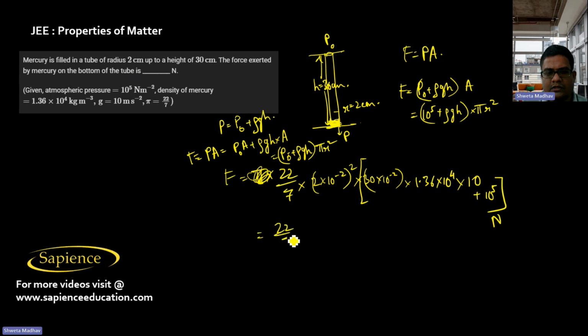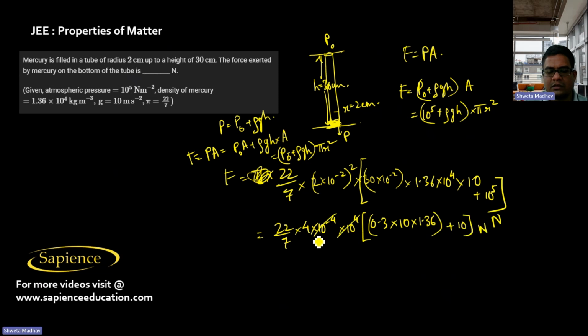This will be 22 by 7 into 4 into 10 power minus 4. Here also 10 power 4 I can take as common outside. So then this will be 0.3 into 1.36 plus 10 Newton.